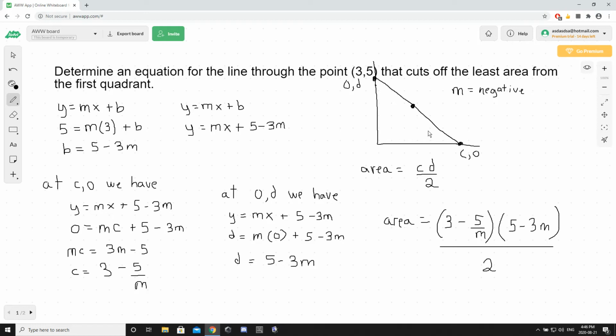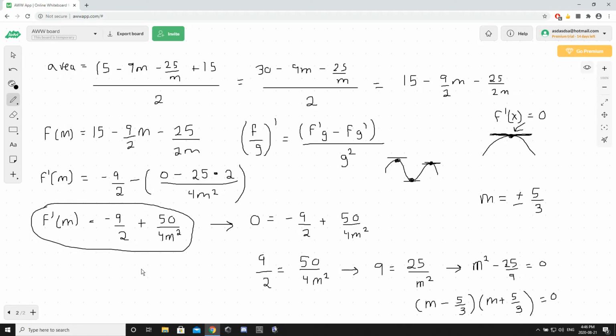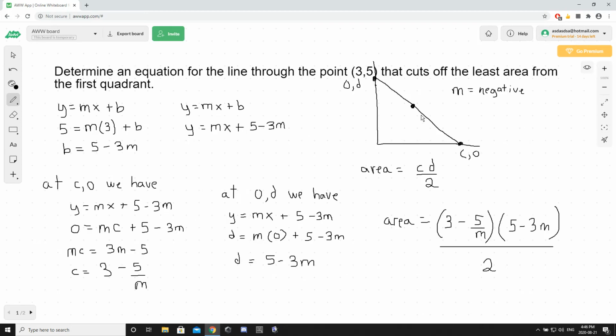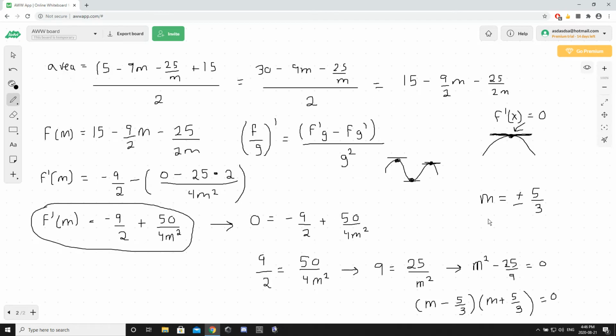If m is positive, that doesn't work out too well, because then you don't have that defined amount of area that's cut off. So I'm probably just going to ignore the positive 5 over 3 and concentrate on m equals negative 5 over 3.